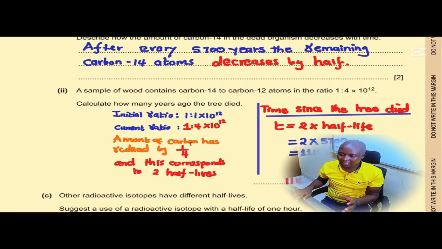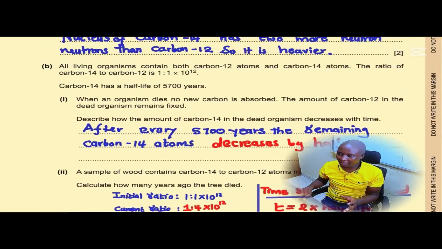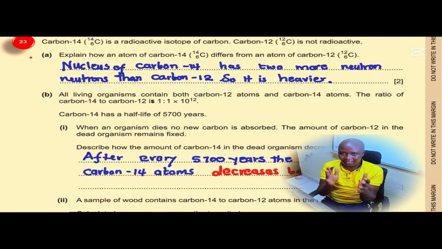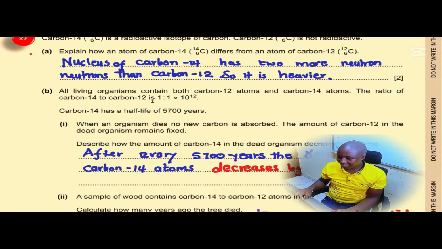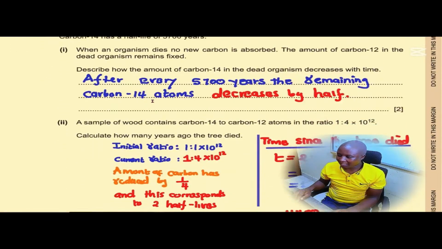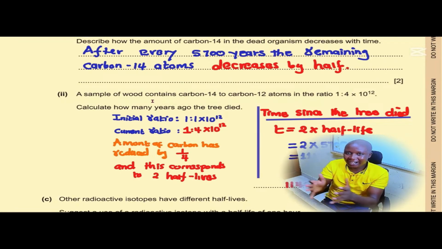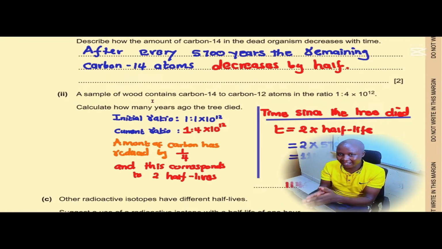So for radioactivity, you need to understand that. And we're told that the sample of wood, remember initially it was having a ratio of 1:1. So carbon 14 and carbon 12 were in a ratio of 1:1. After some years, the ratio becomes 1:4. So meaning carbon 14 has reduced to a quarter. So how many half-lives has it undergone? After one half-life, it becomes a half of the original.